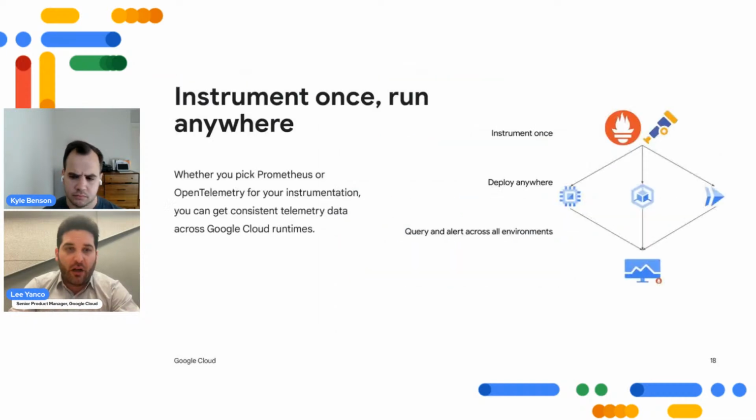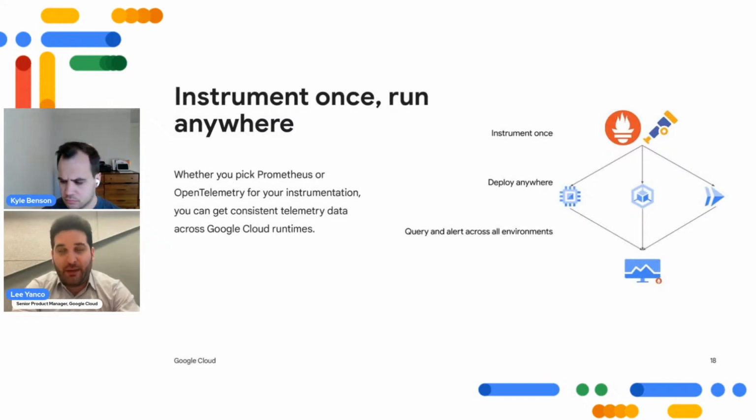Ultimately, the question, which should I use, is somewhat of a false question because these two are complementary standards, right? You can use either Prometheus or OpenTelemetry to instrument your metrics. You can deploy either of them nearly anywhere, and you can send all that data to the same place, to cloud monitoring, to managed Prometheus, and query it all together.